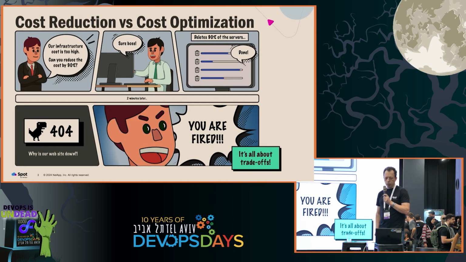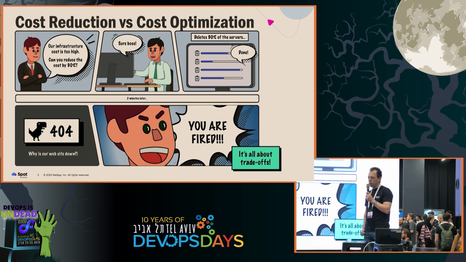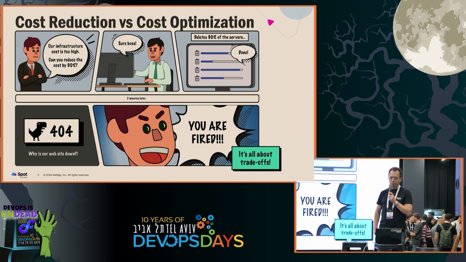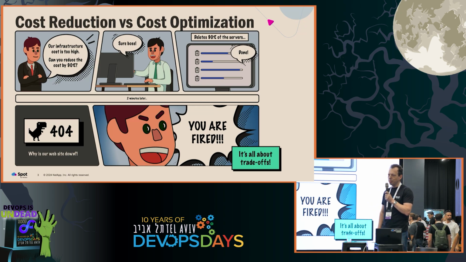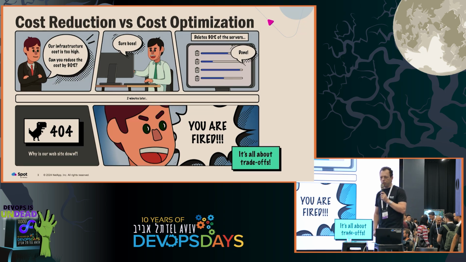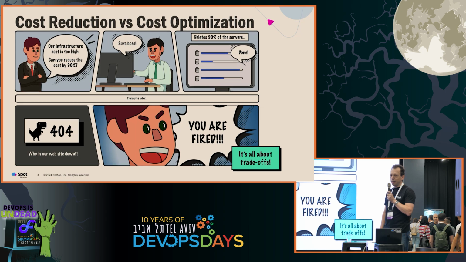So let's start with the first one, cost reduction. When people talk about cost reduction, they usually think about money, but it is typically not the only thing that they care about, because if you just want to save money, okay, stop paying and you'll save money. But you typically have other things that you care about, like your application, keeping it available and performant.